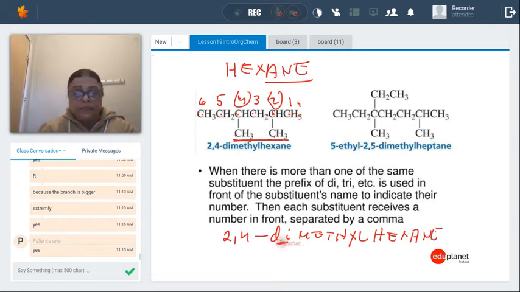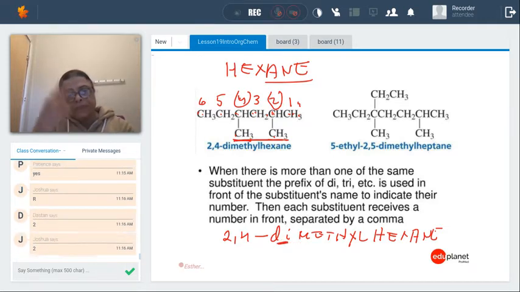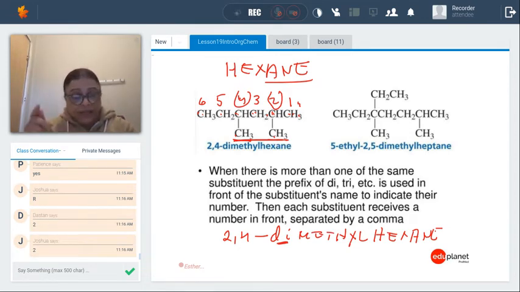Why dimethyl? What does the word di tell you? 2. So the name tells you I have a hexane, and at position 2 and at position 4 I have 2 methyls. You hear that? This is in fact instructions how to draw the molecules. Can you see that?